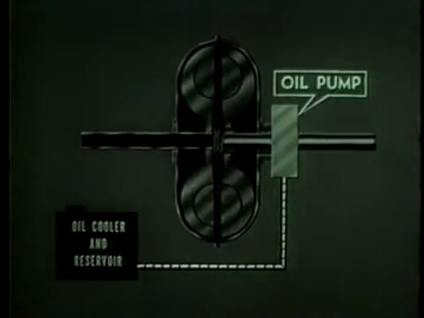The oil from the reservoir is delivered by an oil pump to the fluid coupling. There, the operation of the coupling keeps the oil circulating. Besides being kept at full supply within the coupling, the oil must be kept at the proper pressure. When it goes beyond the prescribed pressure, a spring-loaded check valve at the central passage or oil exit of the coupling is opened by the excess pressure.